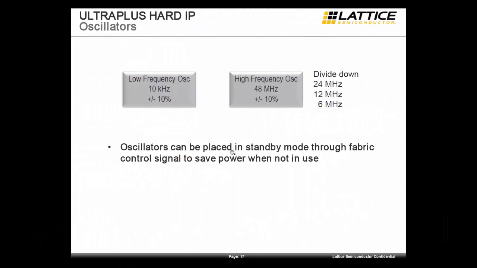There are 2 oscillators, as I mentioned, in this product. There's a low frequency oscillator, 10 kilohertz, with an accuracy of plus minus 10%. And also there is a high frequency oscillator of 48 megahertz with an accuracy of plus minus 10%. The oscillators are very precise, but their accuracy is plus minus 10%.